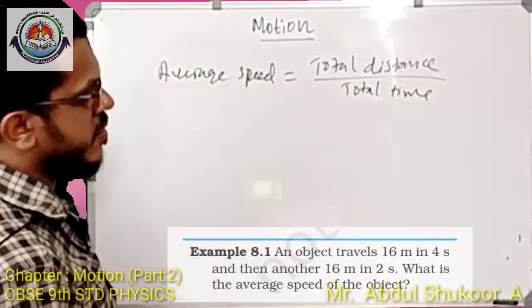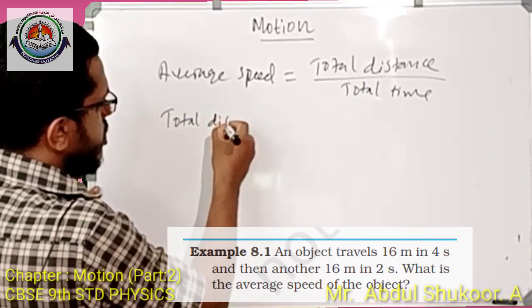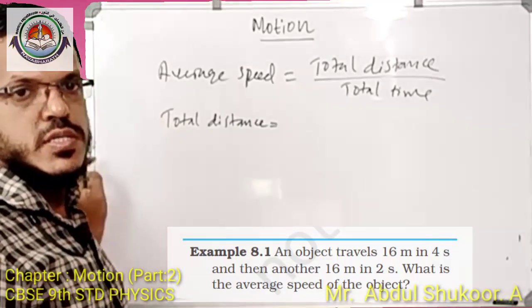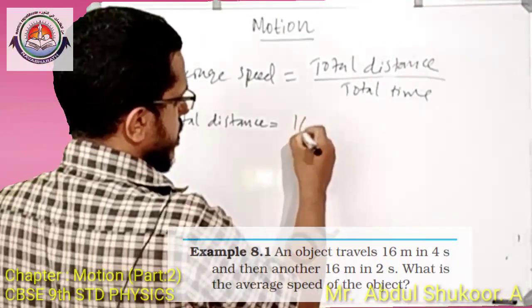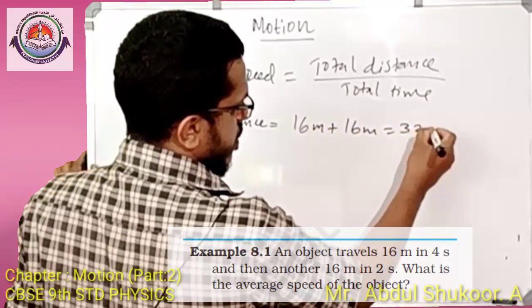In this question, the total distance is 16 meter plus 16 meter, that means 32 meter.